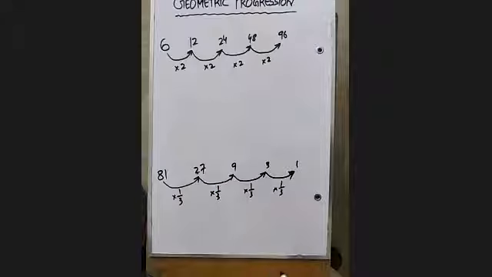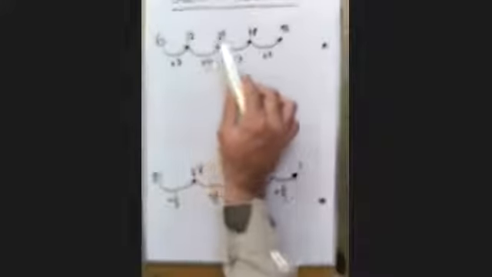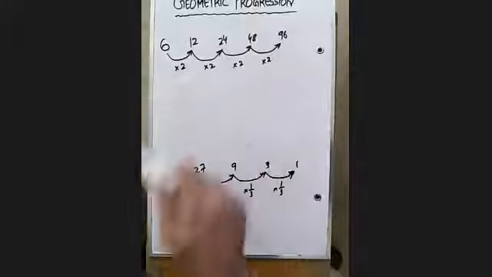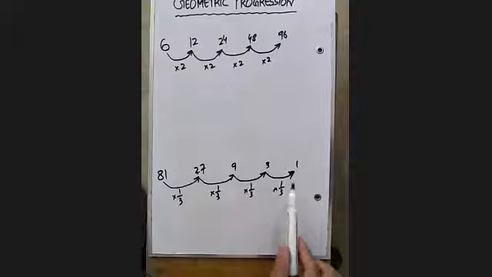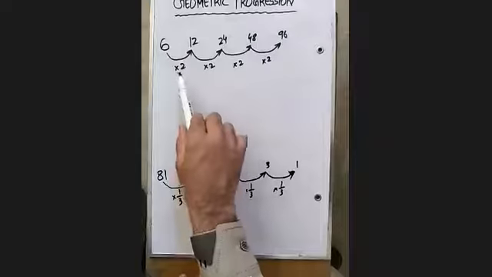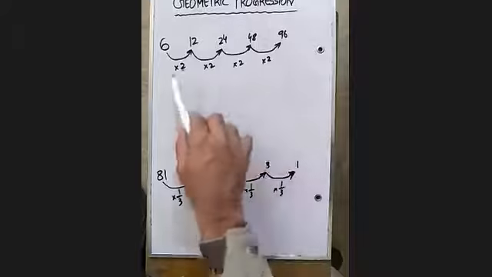But what is the difference between the two geometric progressions? First, this geometric progression is an increasing progression. This geometric progression is a decreasing progression. Secondly, here we are multiplying by a number which is greater than 1.